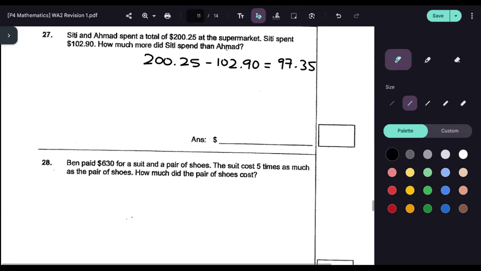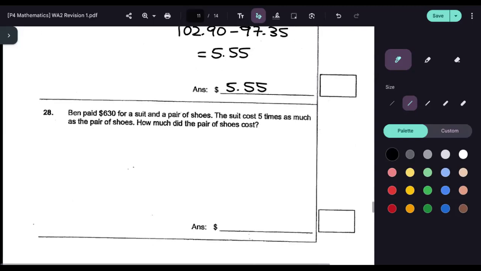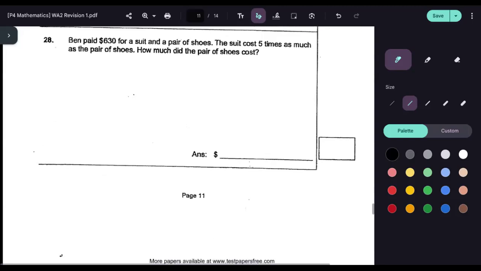Thereafter, compare with Siti. It will be 102.90 minus $97.35. So she spent $5.55 more than Ahmad.